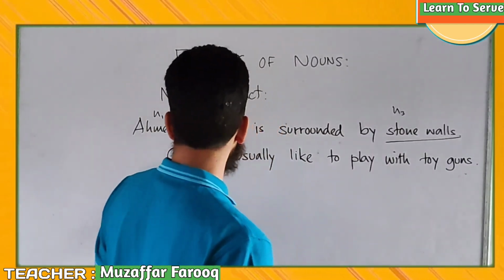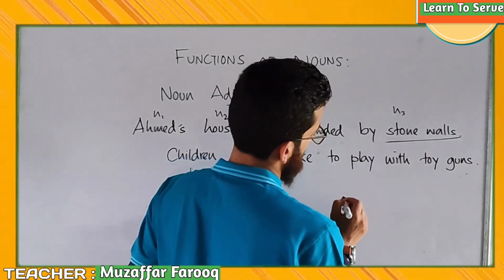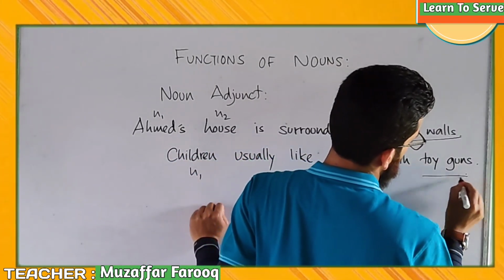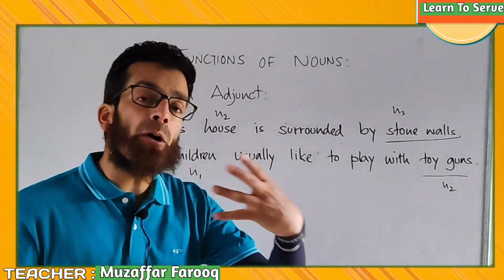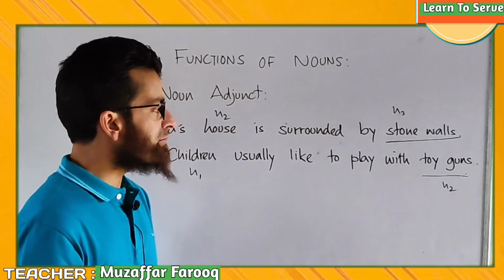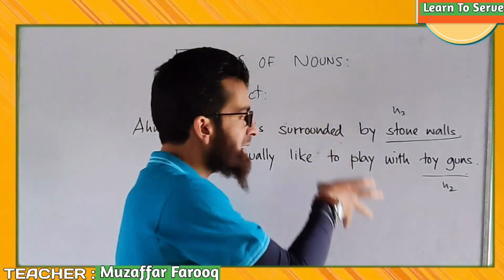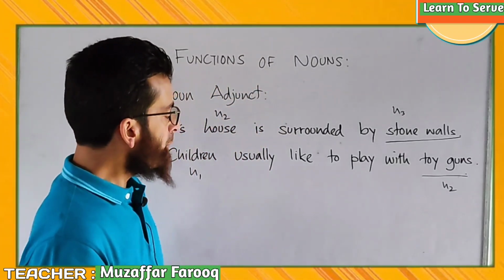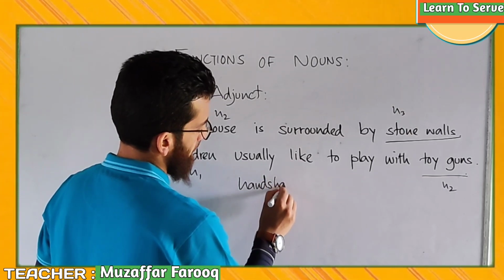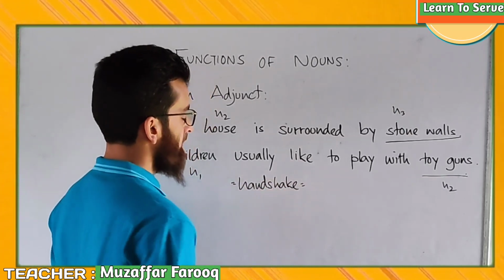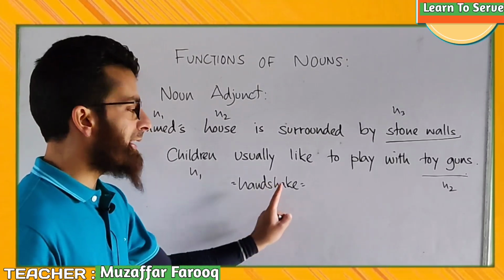And also in sentence 2, noun 1, children, and noun 2, toy guns. Again, if you remember when we studied compound nouns, we have different names for compound nouns. For example, handshake, this is compact, closely written, no space between hand and shake.